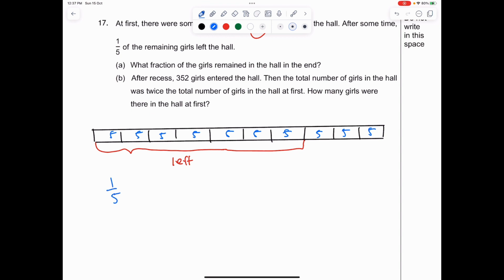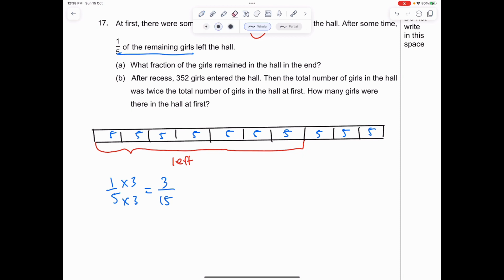So instead of 1/5 of the remaining girls left the hall, we will need to multiply by 3, and it's actually 3 out of 15 of the remaining girls left the hall.